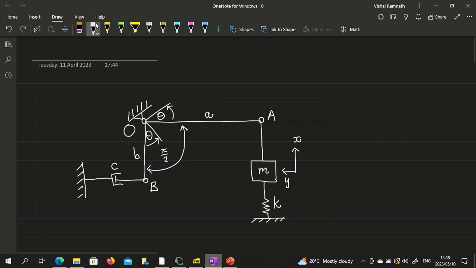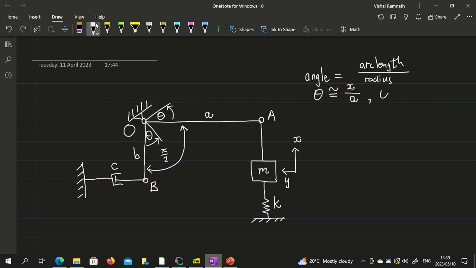So using the definition of angle as arc length over radius, it follows that theta, if this point A moves up by x, would be approximately x, the arc length, divided by a.